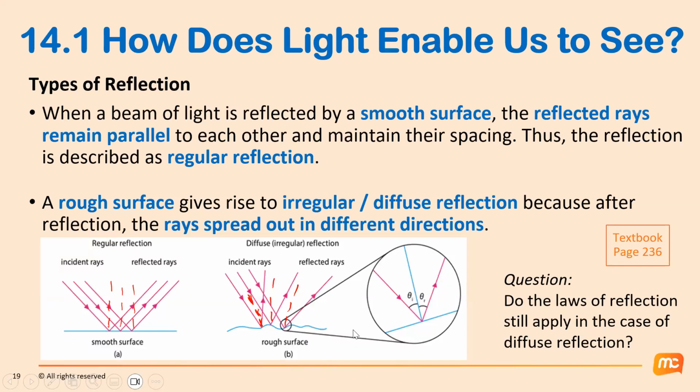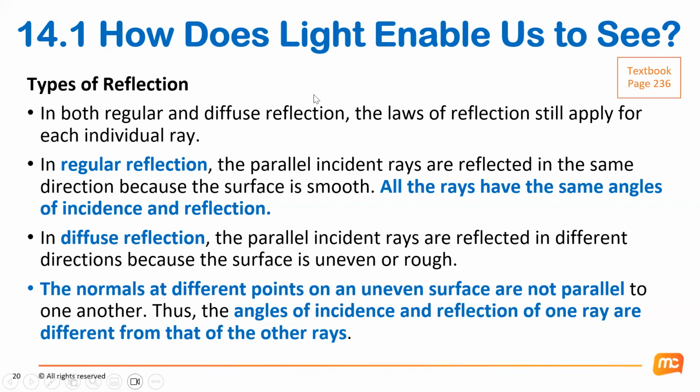So the law of reflection still applies in each case. In each of the rays, angle i will still be equal to angle r, just that the normal will not be straight up as in this case. So we can say that in both regular and diffuse reflection, the law of reflection still applies. In regular reflection, all the rays have the same angle of incidence and reflection.